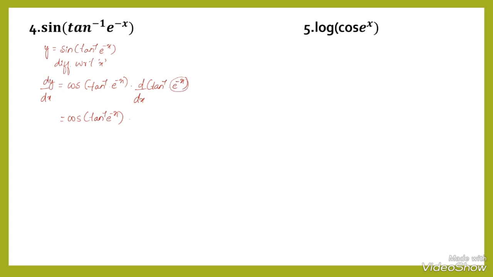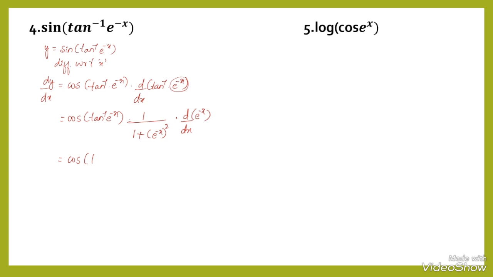Now differentiation of tan inverse x is 1 divided by 1 plus x square. In place of x we have e to the power minus x whole square. Therefore I can again differentiate d by dx of e to the power minus x.